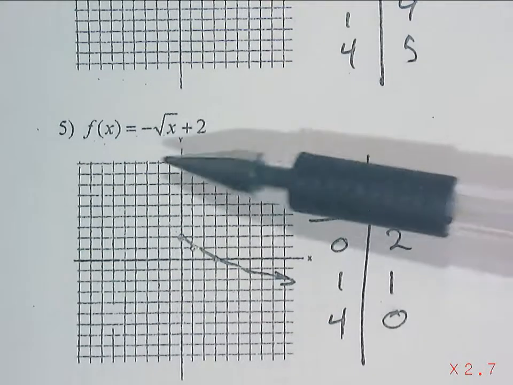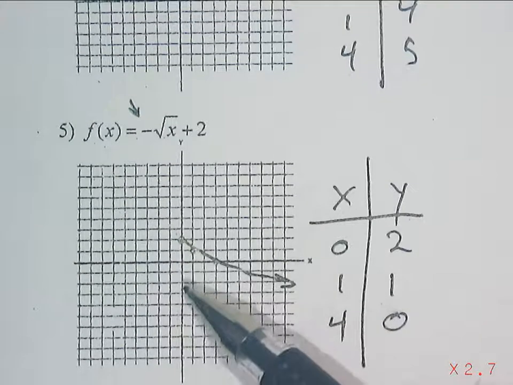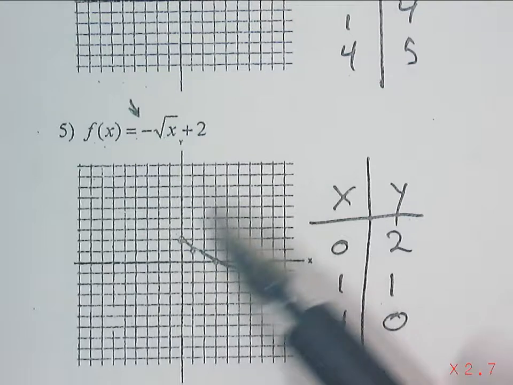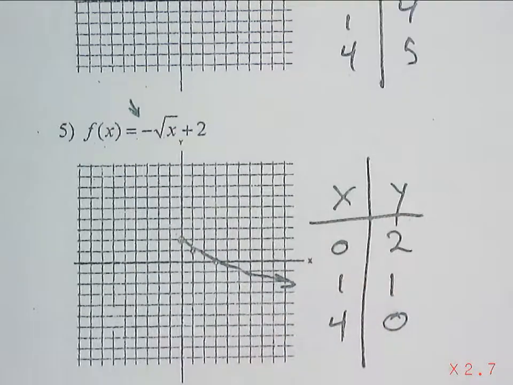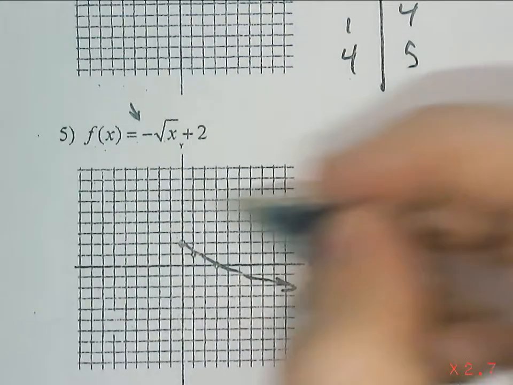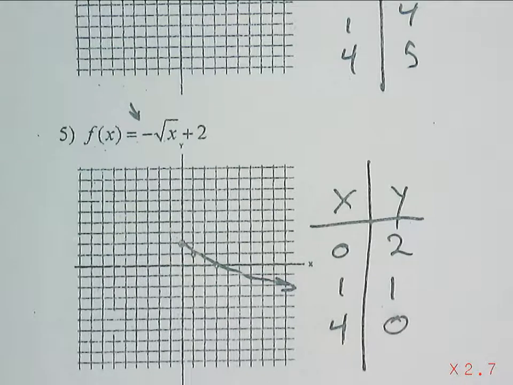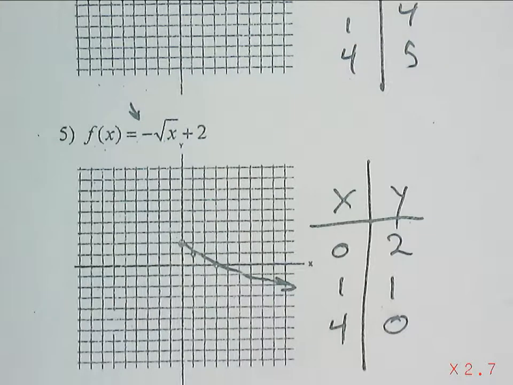So this negative right here is technically flipping it over the x-axis. The negative is in front of the square root. It's like having a negative in front of your y value, right? It's flipping it over the x-axis. In order to flip over the y-axis, it would have to be a negative x in the parenthesis. So, depending on where that negative goes, it flips over one or the other axes. Okay?